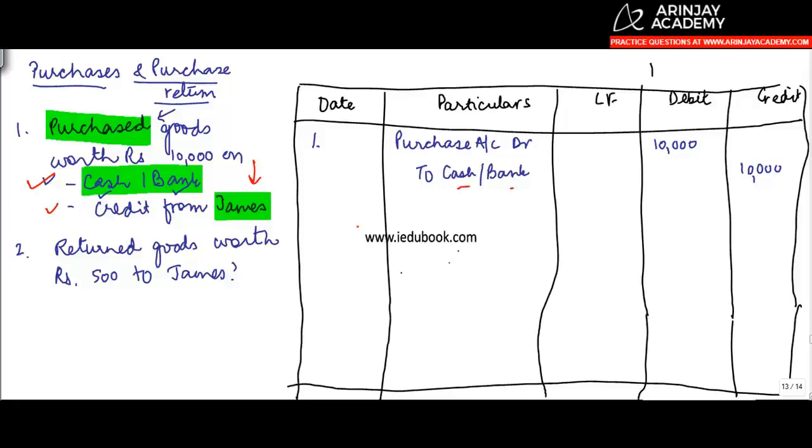Credit from James. Again, in this case, the purchases account would be debited as was done in the first option. But instead of cash or bank, we got the goods from James. Now we need to pay James this money, and James is now my liability.